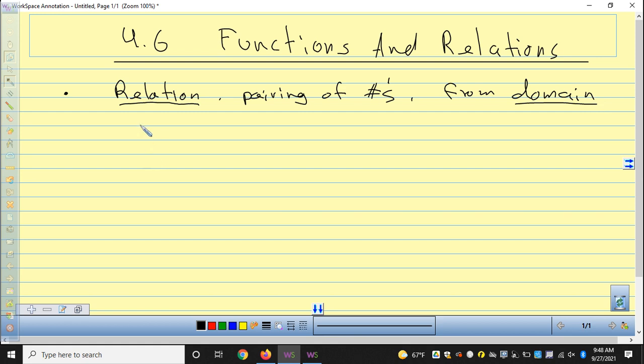And we pair those numbers with numbers in another set called a range. So we take numbers from one set called the domain, and we get numbers in another set called the range. Usually we think of the domain as the x's and the range as the y's. The domain is what we plug in, the range is what we get out.